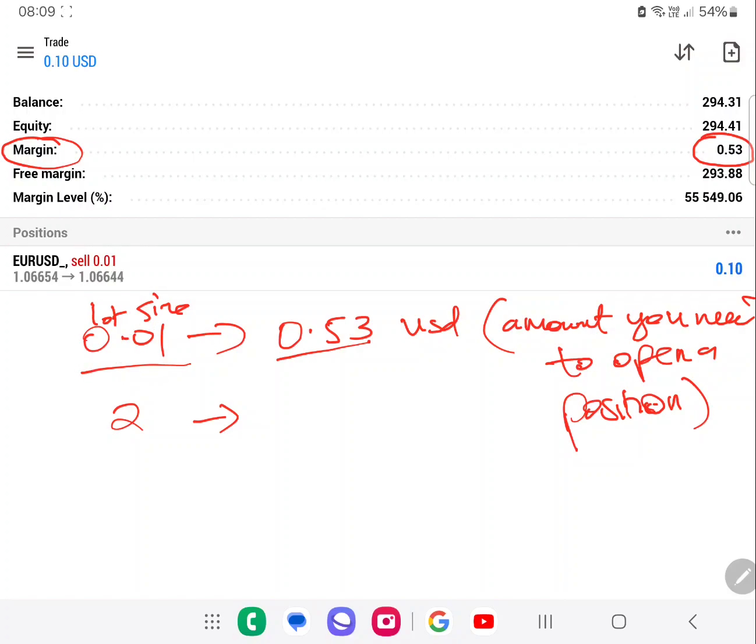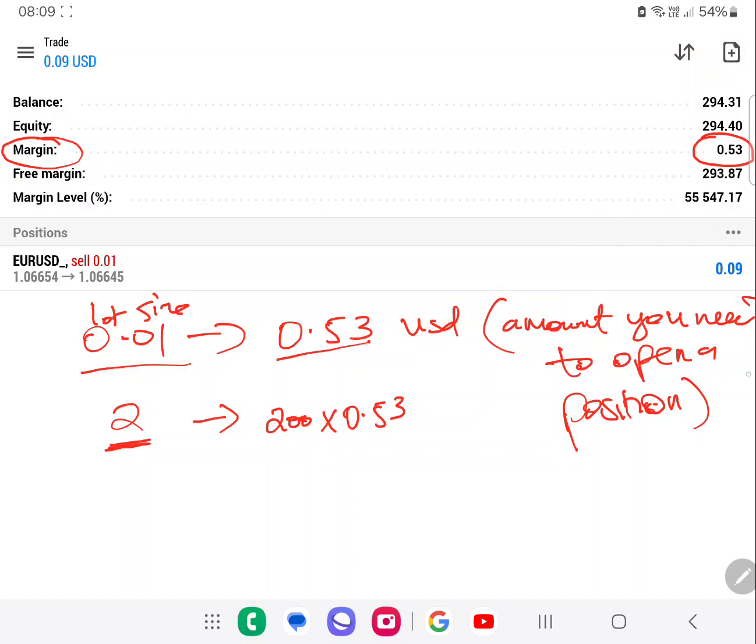Or if I do cross multiplication, it will be 2 times 0.53 divided by 0.01. Nonetheless, you can just multiply 200 by 0.53. I just need to see how much we need in our account to open a lot size of 2.